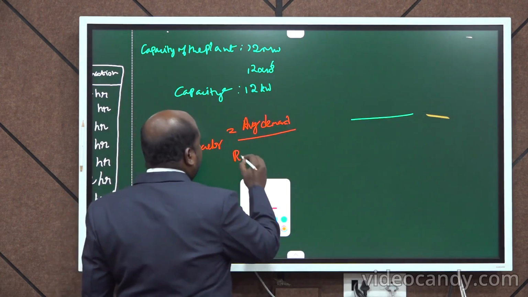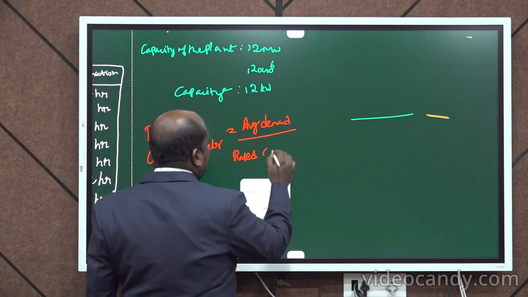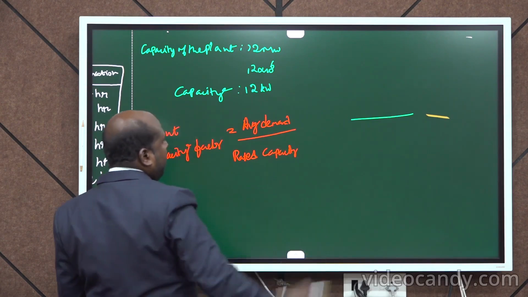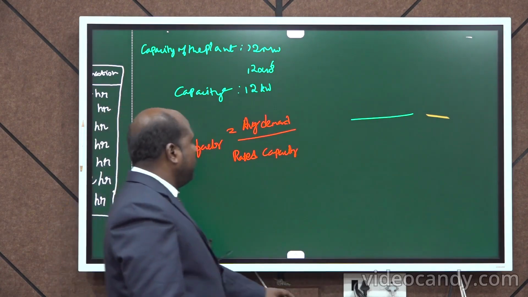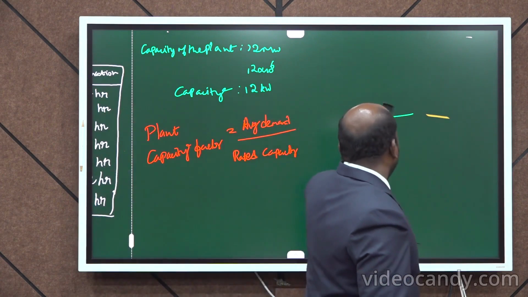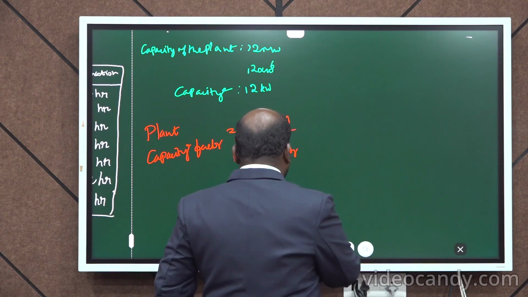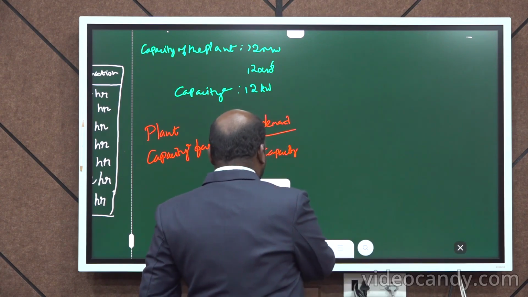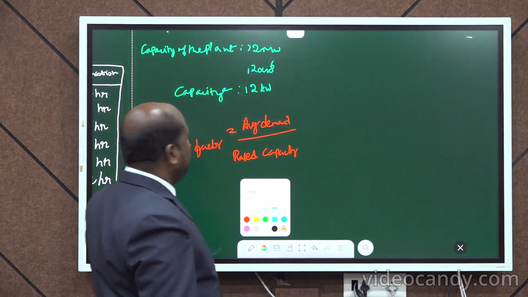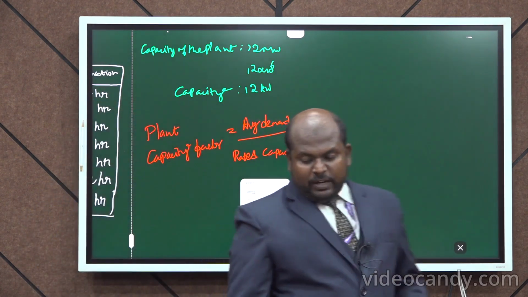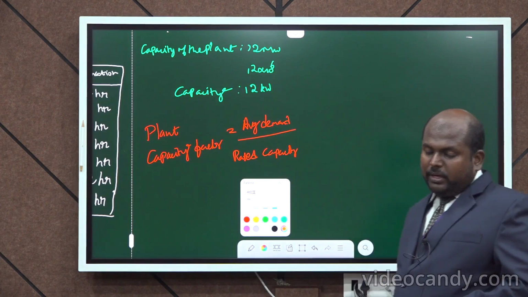I have a rated capacity now, but my average demand is not yet available here. So I am going to apply yet another formula for the average demand.